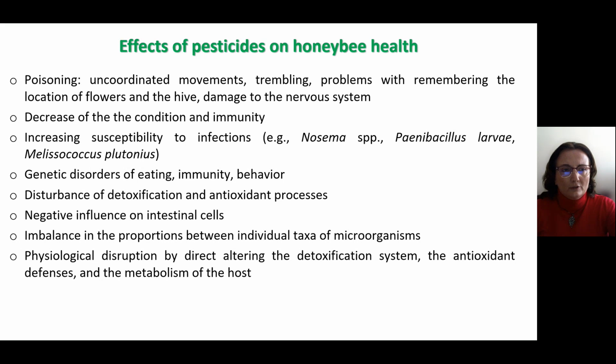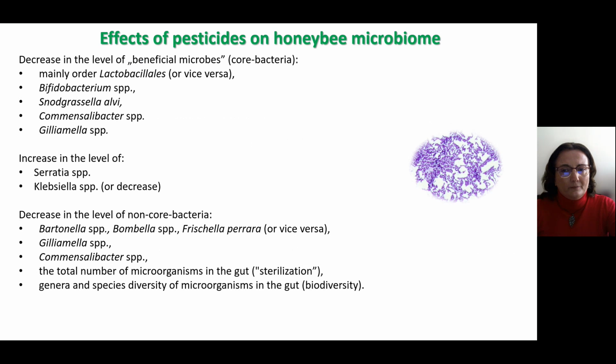They can cause acute poisoning, but continuous exposure to lower doses can decrease the condition and immunity of bees, increase susceptibility to infections, and can lead to many unfavorable changes in metabolism, detoxification processes, and can cause imbalance in the proportions between individual taxa of microorganisms in the gut, leading to dysbiosis.